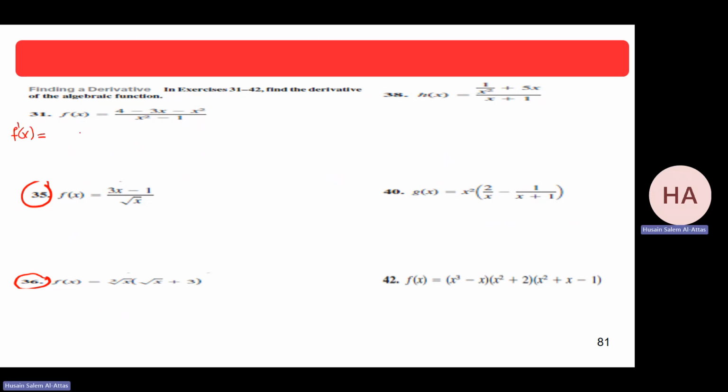The derivative of the numerator, which is minus 3 minus 2x, times the denominator, minus the derivative of the denominator, which is 2x, times the numerator, over the denominator squared. Okay. This is plus 1 or minus 1. Yeah.